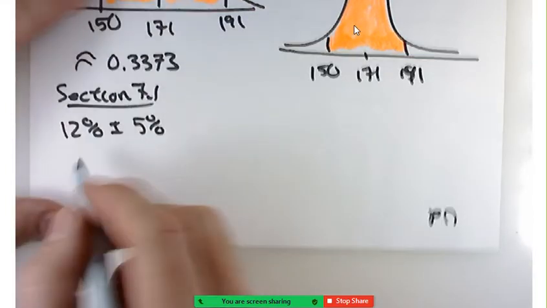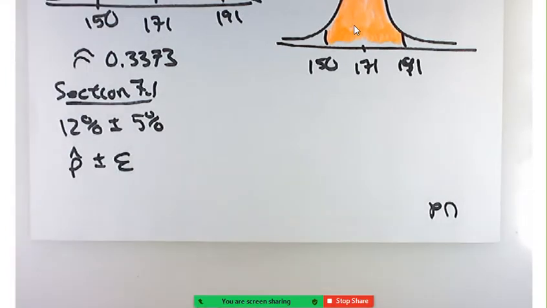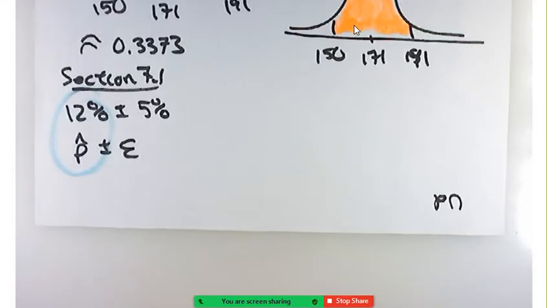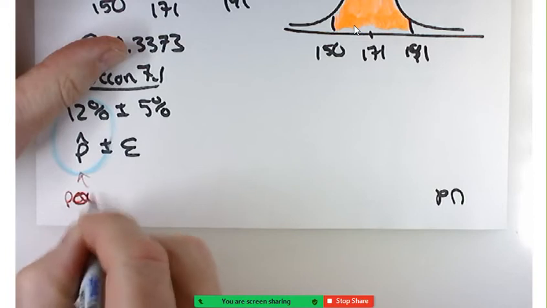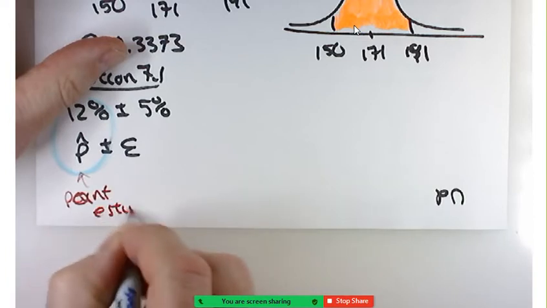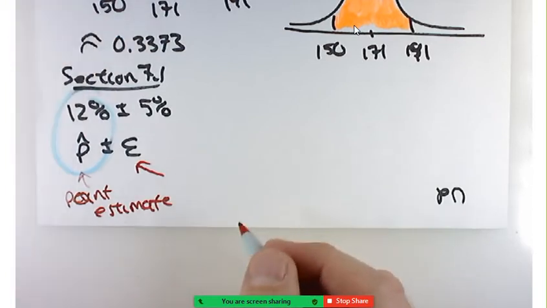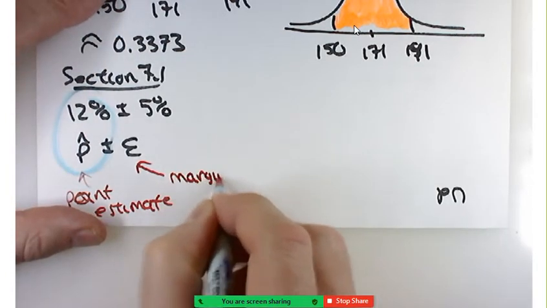Now remember, this is in the form of p hat plus or minus E. And that p hat right here, that's your point estimate. That's your best guess as to the percentage of people who think that chocolate is their favorite pie. So it's your point estimate. What's this E term here? It's your margin of error.